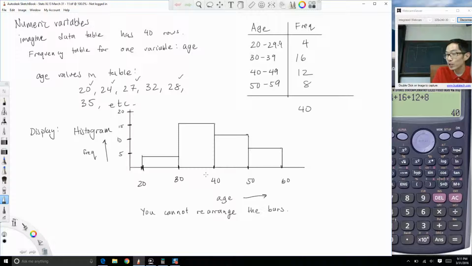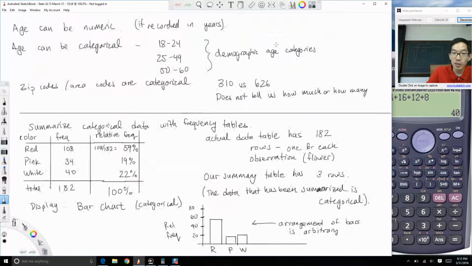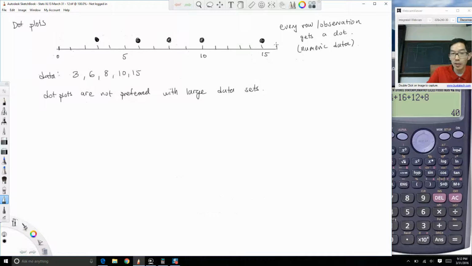You could get more definition by splitting into two columns per decade, so we would have a 20 to 24 and a 25 to 29 and a 30 to 34, and you can do that with the histogram. The dot plot will always show your individual values, and so in certain cases that might be nice.